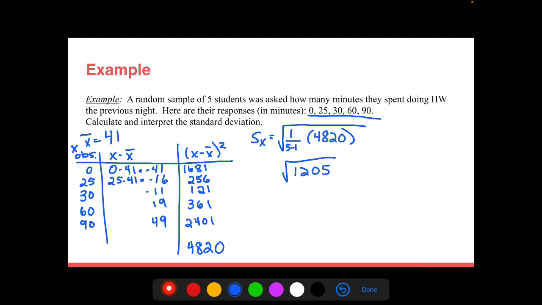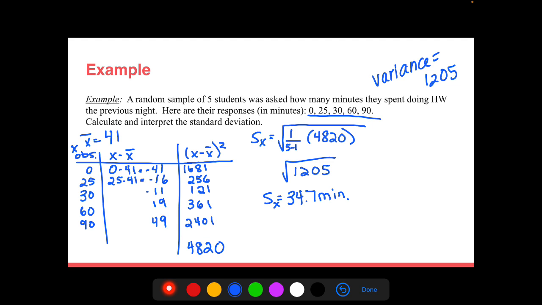So go ahead and write variance, 1,205. Then when you take the square root, you get the standard deviation, 34.7. And our units are the same as our original observation, so minutes.